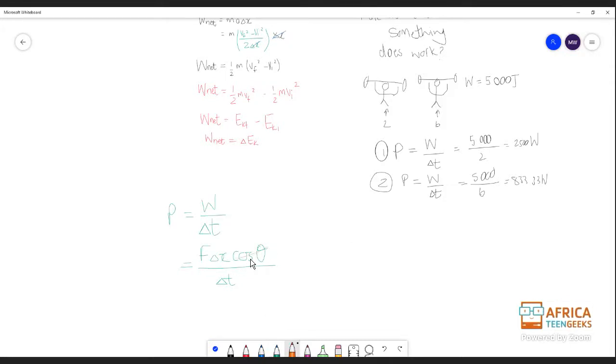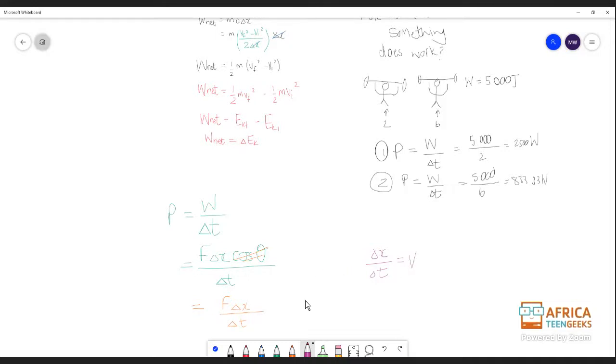So for argument's sake, we take away the cosine of theta and we say it's just equal to force times the change in distance over the change in time. Well, change in distance over change in time is equal to velocity.